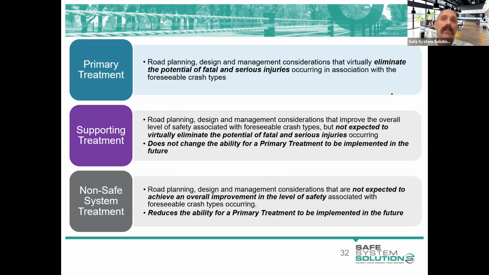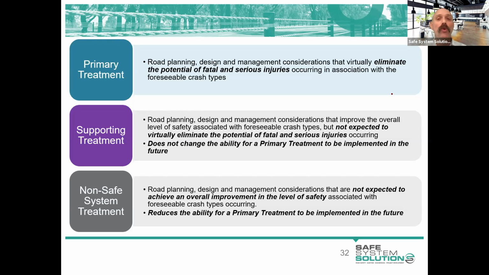And what you do to even help further is to categorize those into primary safe system treatments or supporting safe system treatments. Primary is not your number one recommendation necessarily.